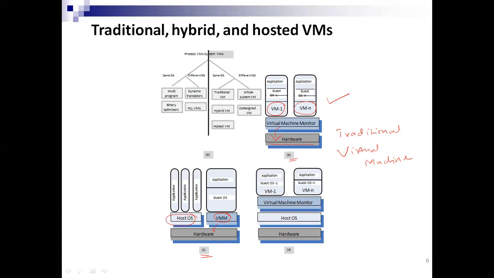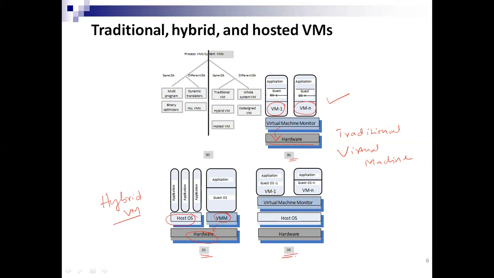It also supports multiple virtual machines. Along with that, it shares the hardware with the host operating system. So this is the hybrid virtual machine.